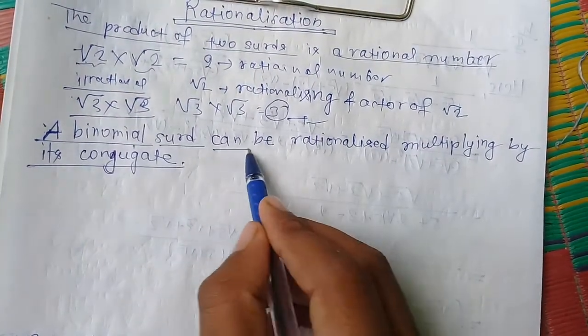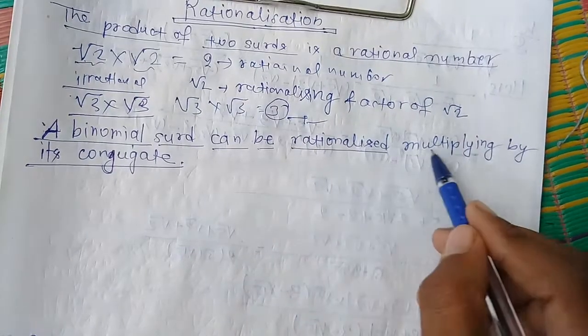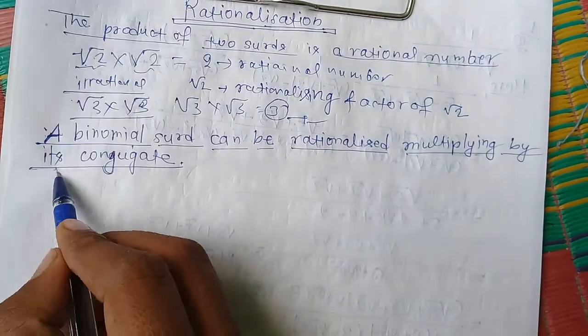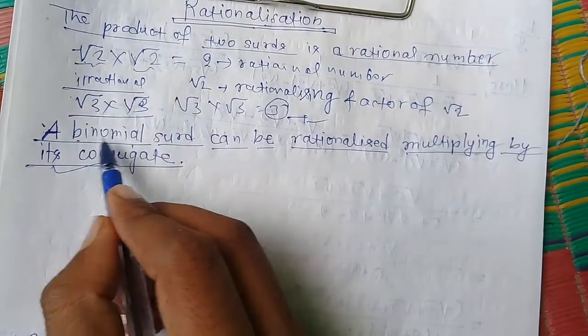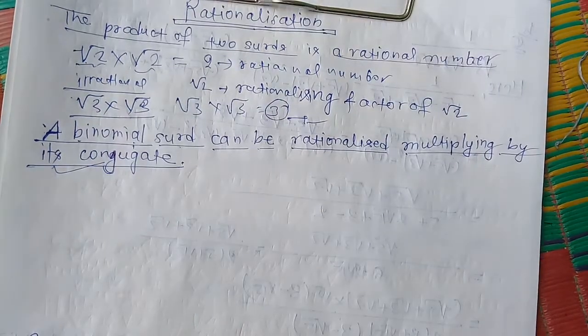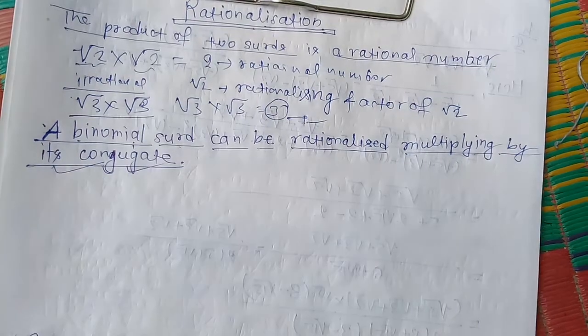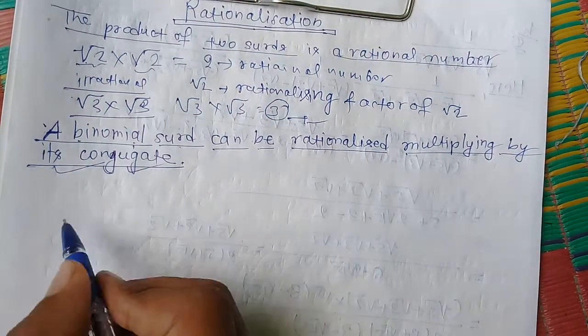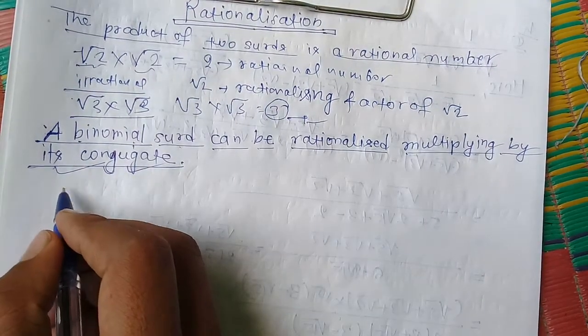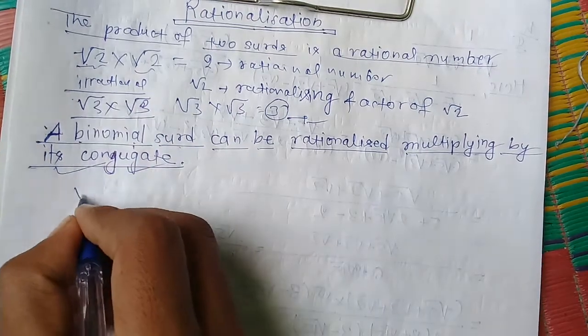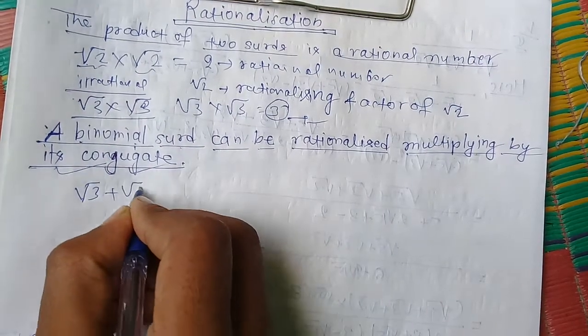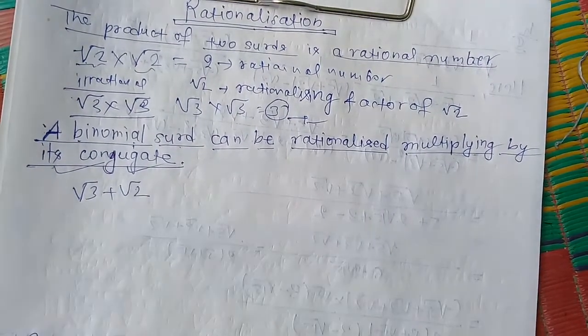A binomial surd can be rationalized by multiplying by its conjugate. What? A binomial surd can be rationalized by multiplying by its conjugate. Okay, so let us take root 3 and root 2. How to convert this into a rational number in this situation?